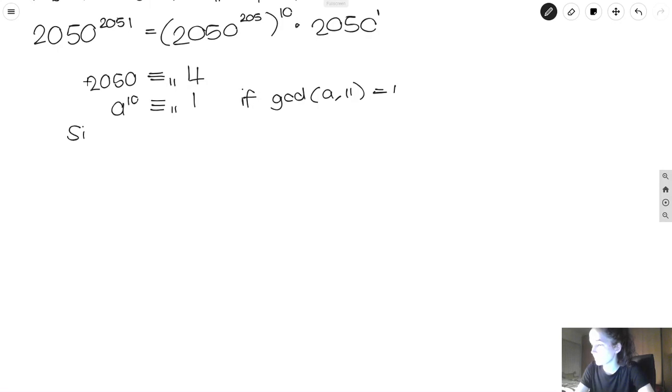So since GCD of 2050 and 11 is 1, 2050 does not divide by 11, it's going to leave a remainder of 4.